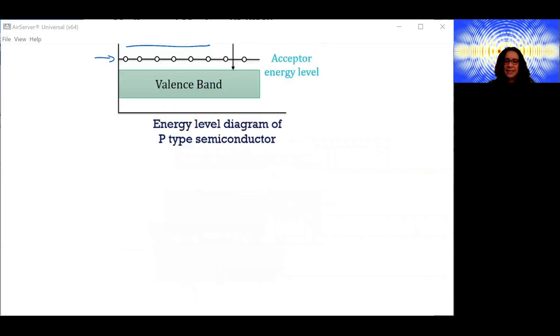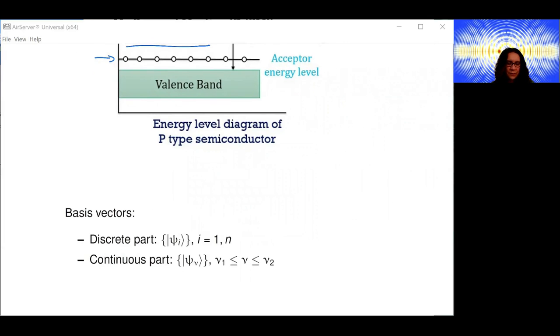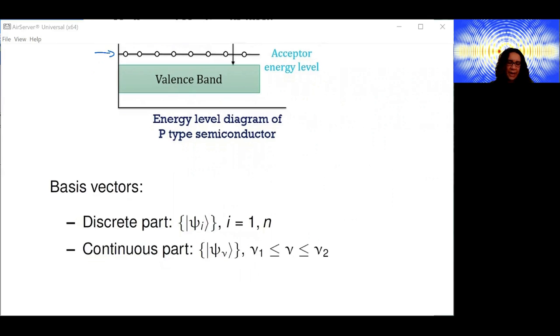So in this case, your closure relation would be given by that expression here above, and our basis vectors would be the following. In the discrete part, you would have psi i, where i is an index that is varying discretely.